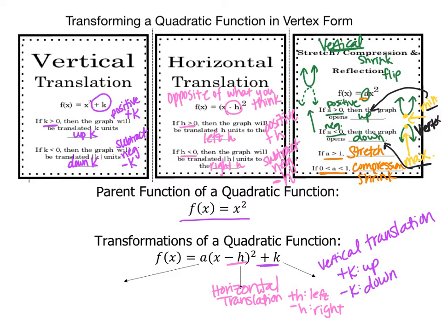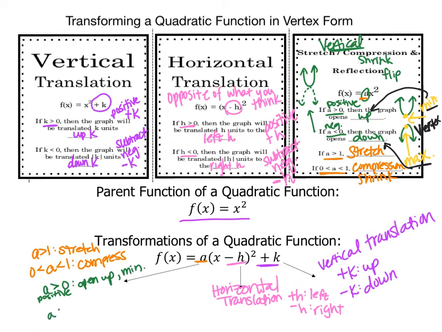So we notice that we've got kind of twofold. This a can do two things. One thing it can do is stretch. If a is greater than 1, we're going to stretch. If a is between 0 and 1, it's going to compress. But then we also have to remember that if a is positive, I'll write down here positive so we remember what that means, then it's going to open up and it's going to have a minimum value.